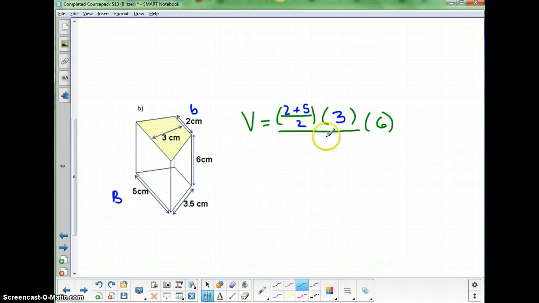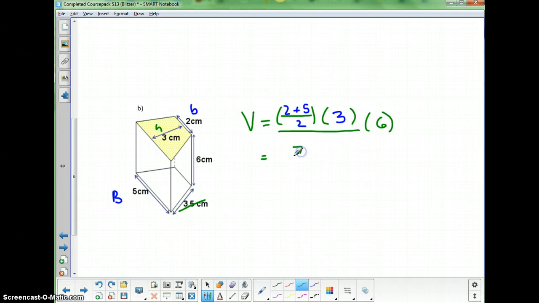Okay, so for the area of the base, average of the bases times the height, and then times the length of the prism. So notice that I had some extra information in here that I didn't need. In order to find the area of that trapezoid, I didn't need to know how long that diagonal side was. I just needed the 2 bases and the height.